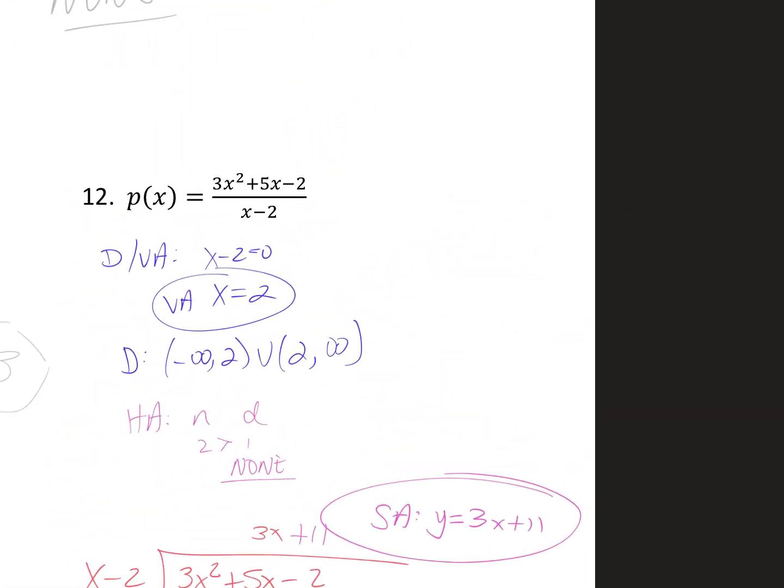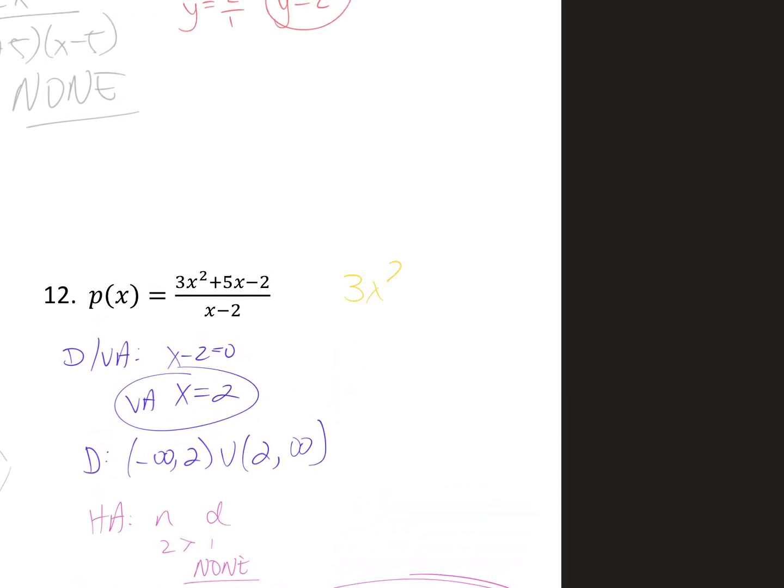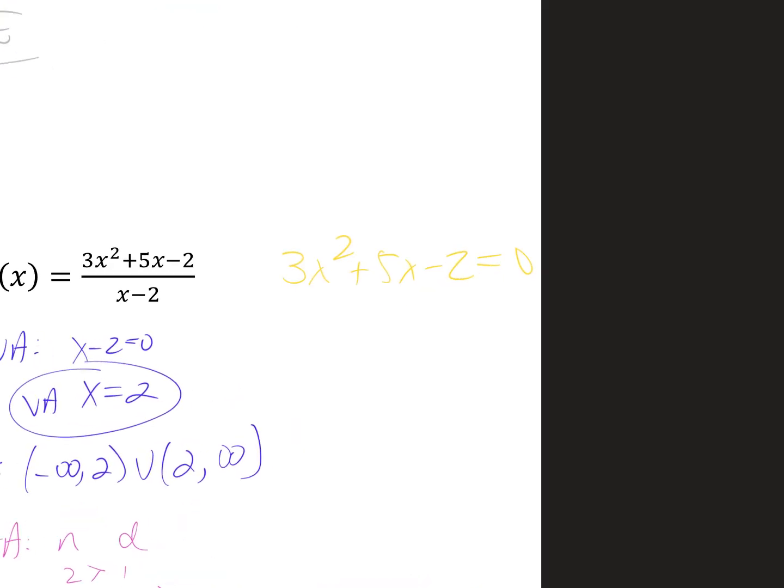Couple more things and we're done. How do you find x-intercepts again? Numerator equal to 0. Factor this, guys. Negative 6. What are the factors of negative 6 that multiply to give me negative 6 but add to give me 5? Good. Plus 6, minus 1. What do I do with this 3?